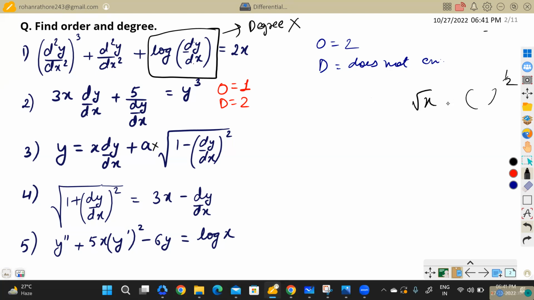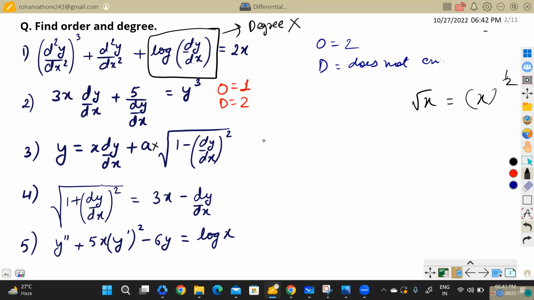If you have the square root of x, that's equivalent to x raised to the power 1 by 2. So here the exponent of a derivative is going to be a fraction, which is not allowed, so we need to remove this square root first. How can we remove the square root? We can square both sides. Did you square? Yes, sir, I squared both sides.